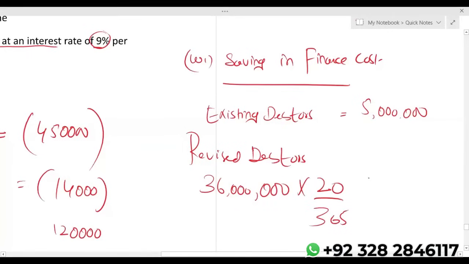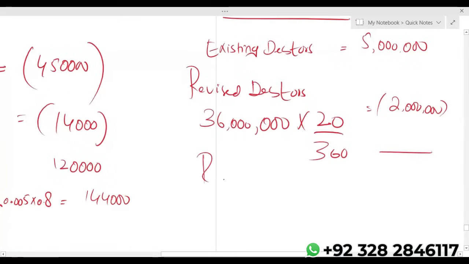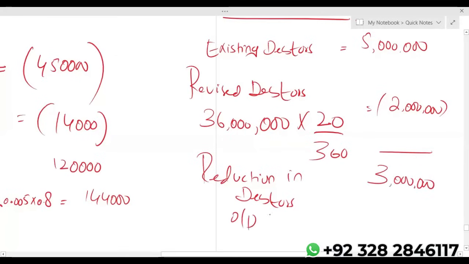Your revised collection period is 20 days. We have 360 days in the question, not 365. I'm getting 2 million. Here comes the reduction in debtors. OD rate is 8%.